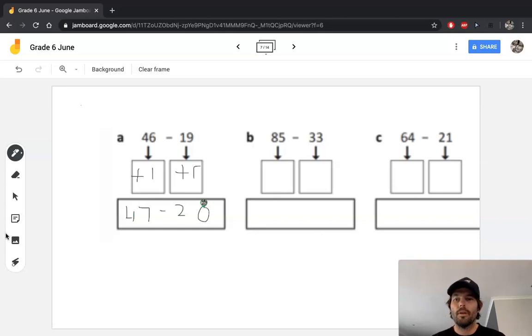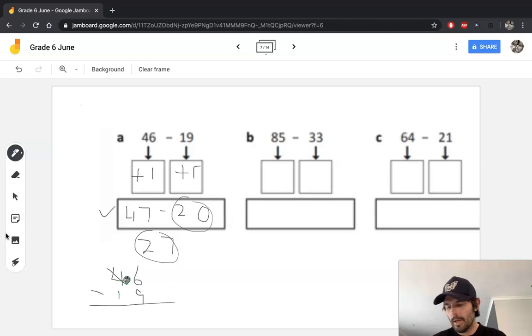That's pretty straightforward. That answer is now 27. If you want to check, we say 27 plus 20, does it equal 47? Yes, it does. If you check 46 minus 19, and we can do it in a column method quickly to see if we're correct, we get the exact same answer.